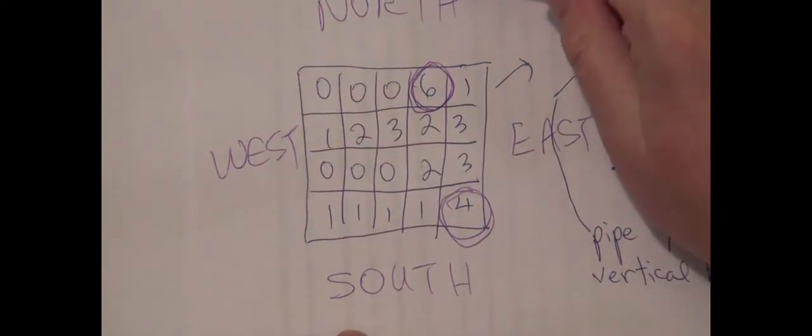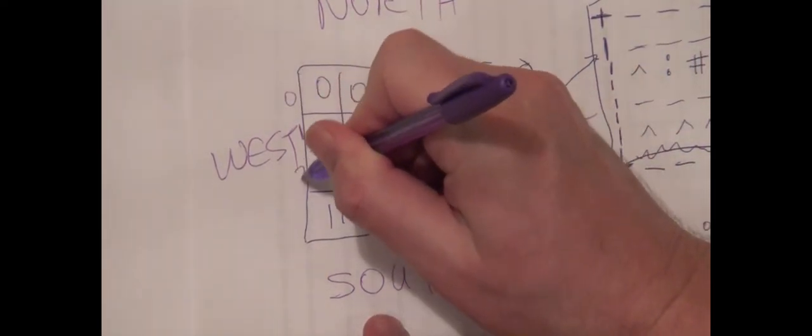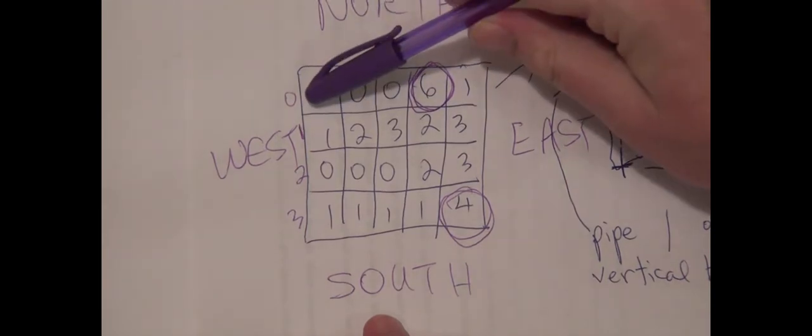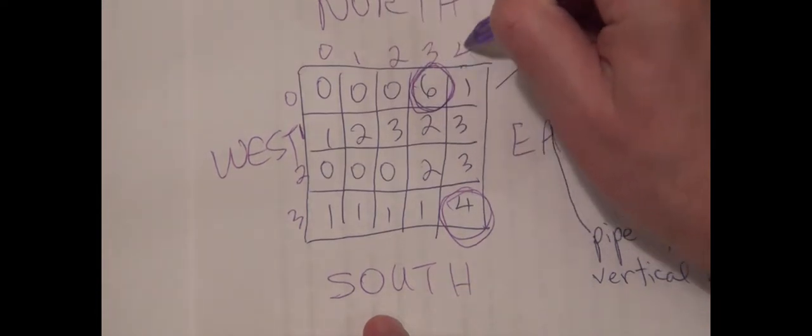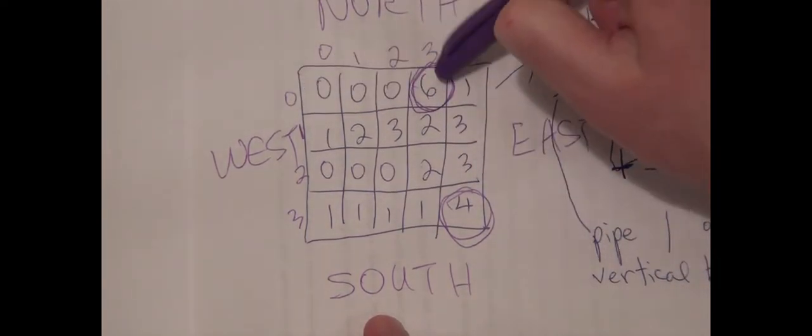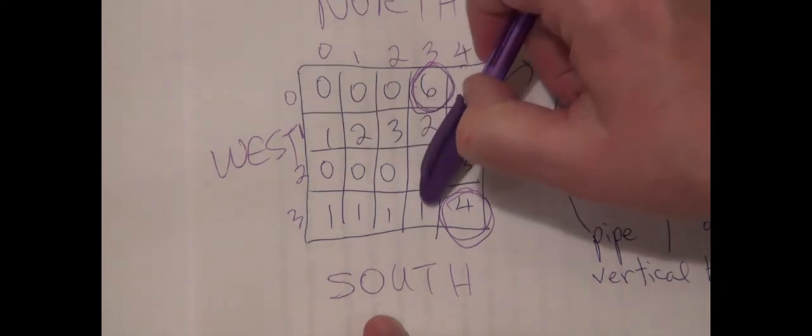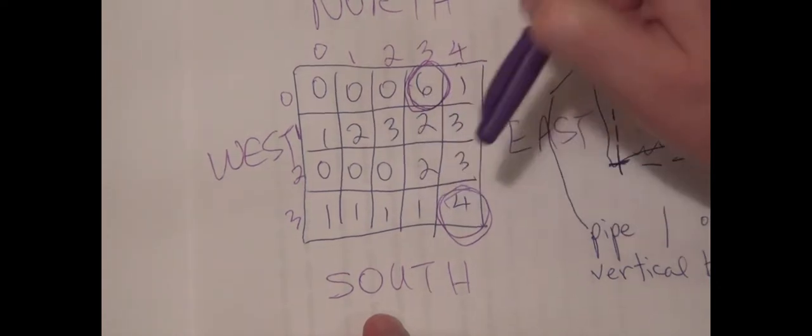So we've got north at the top, south, and when we think of the array as having positions, its rows are numbered 0, 1, 2, 3, and columns in this case are 0, 1, 2, 3, 4. So we've got some columns and some rows. So we want to move from row 0, column 3, through a series of steps, and then finally end up there.